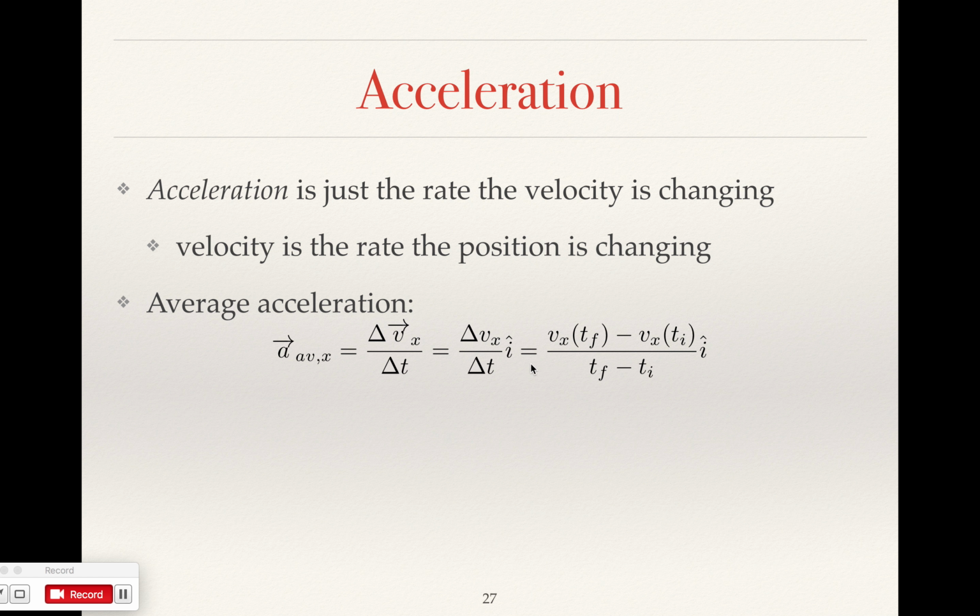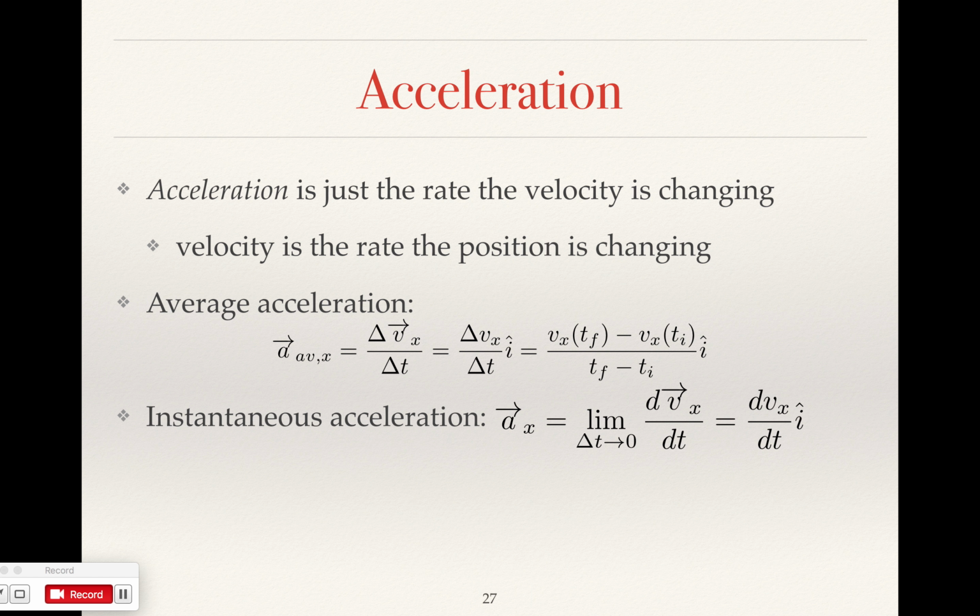So the way we calculate this, we find the final velocity, or the velocity at t final. We subtract the initial velocity, or the velocity at t initial. So final velocity minus the initial velocity, and we divide by the time that took. So final time minus the initial time.